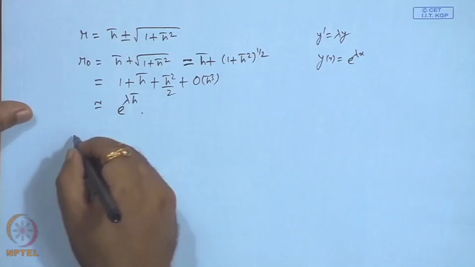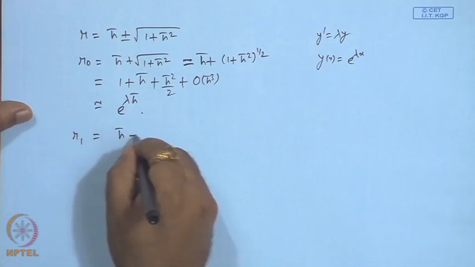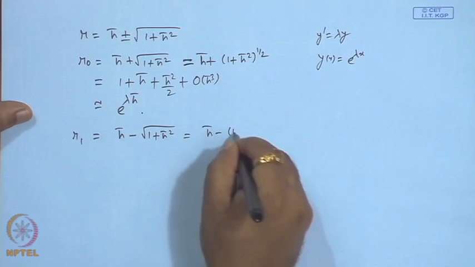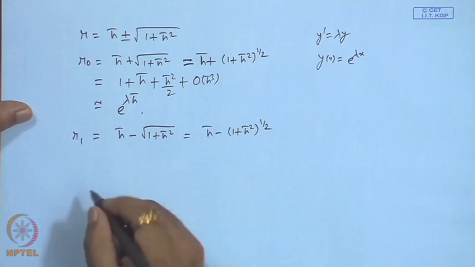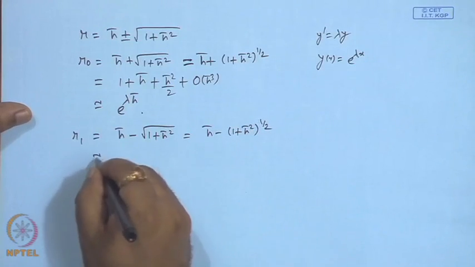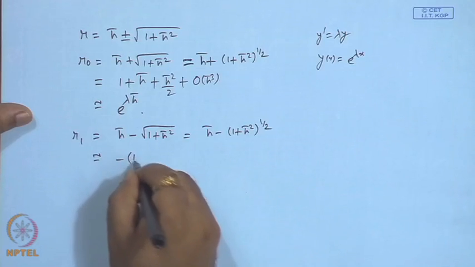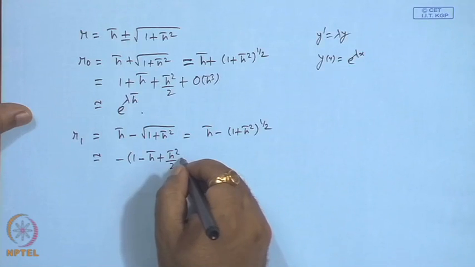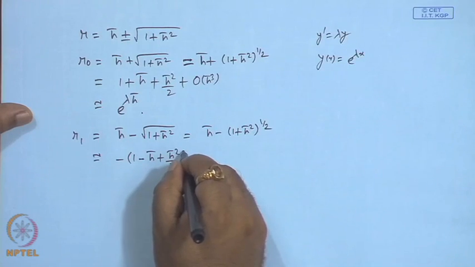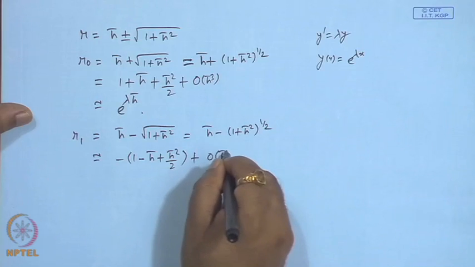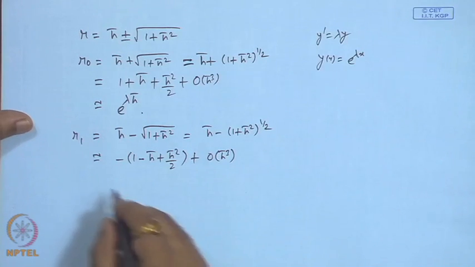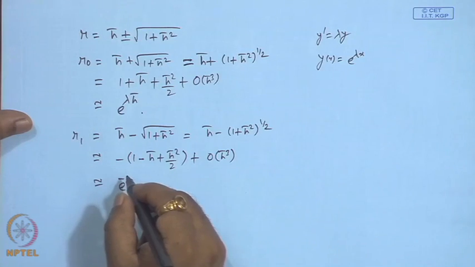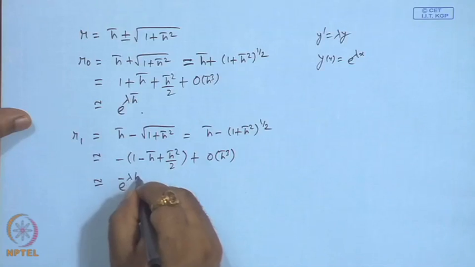Okay. So, now consider R 1, h bar minus square root of 1 plus h bar square. Okay. So, this can be approximated as minus 1 minus h bar plus h bar square by 2, okay, plus third order terms. So, now this can be approximated as minus e power minus lambda h.